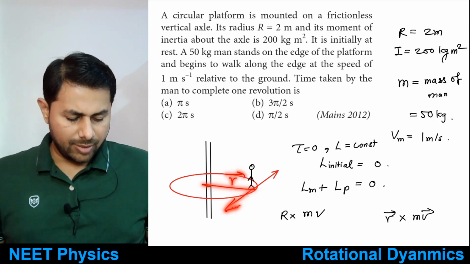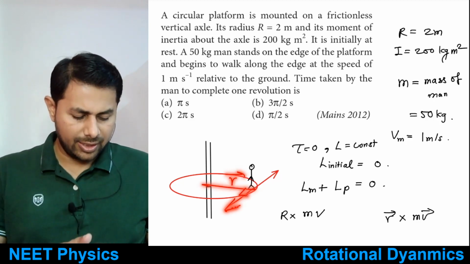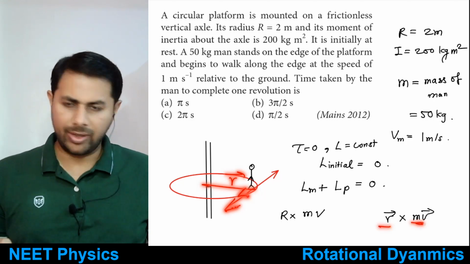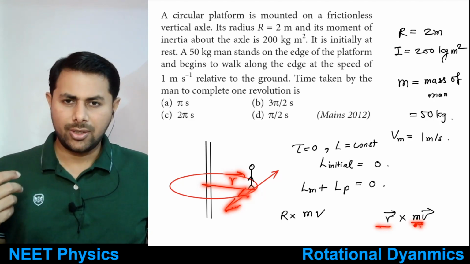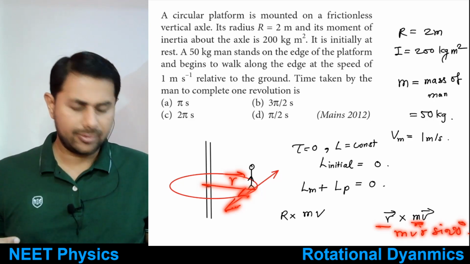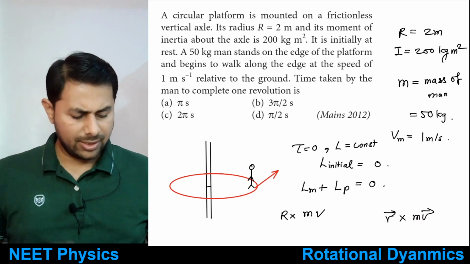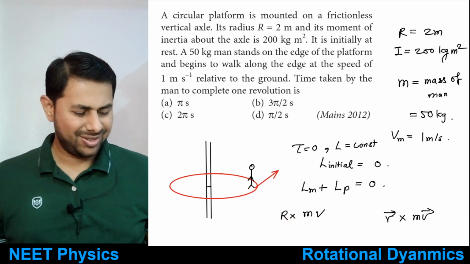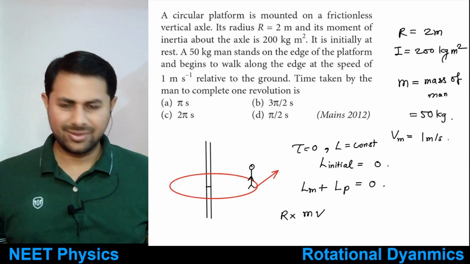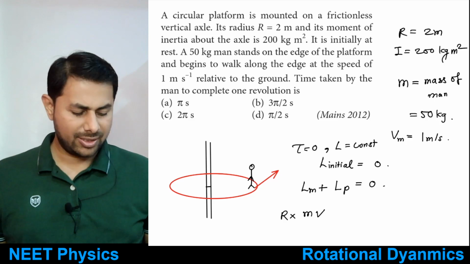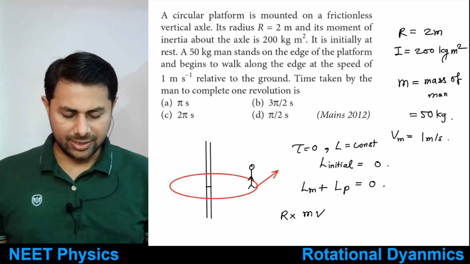So if you take r cross v, then angle between them is 90 degree, and you have r cross mv, so it is mvr sine of 90, right? Sine 90 is 1, and therefore you can directly take r multiplied by mv. This thing is clear, because angle between the radius and his velocity is 90 degrees.